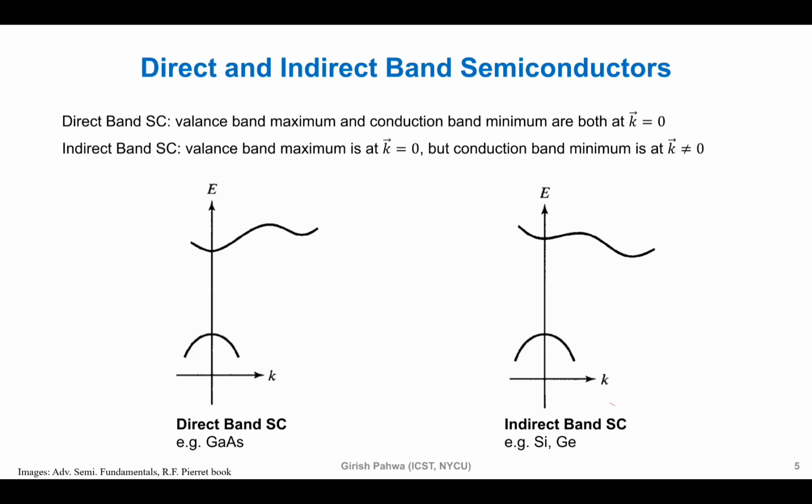The initial momentum of all the particles must be equal to the final momentum of all the particles. If an electron is interacting with some other particle, say a photon or a phonon, the momentum has to be conserved, plus the energy has to be conserved. So there are basically two restrictions: energy conservation and momentum conservation. Depending upon what the particle is and what type of material I have, whether it is a direct or indirect band gap semiconductor, your mechanism for recombination and generation can change.